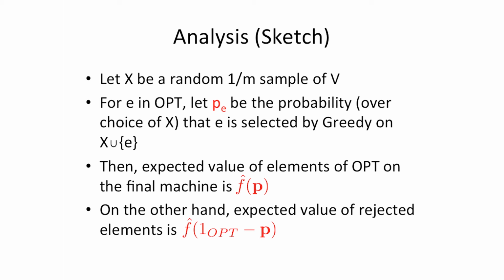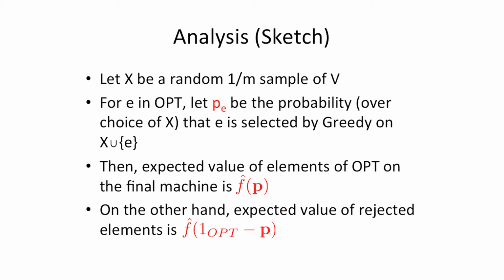Since the distribution of the input of each machine is precisely identical to the distribution of X, it's very intuitive that if we look at the elements of opt that end up on the last machine, their distribution is given by these probabilities P_e. So each element e appears there with probability exactly P_e. Okay?